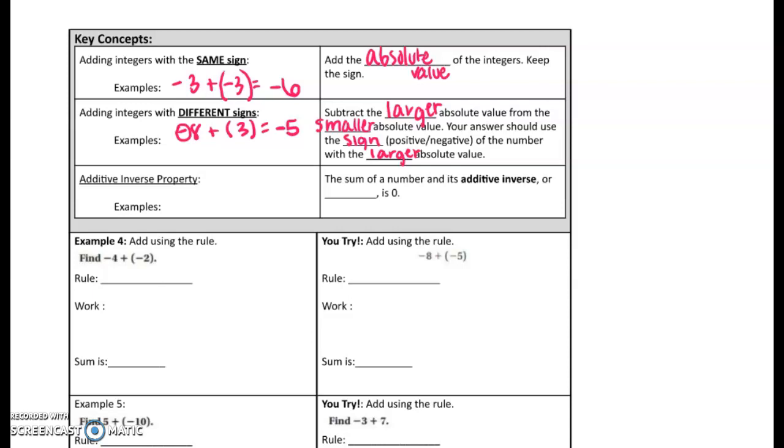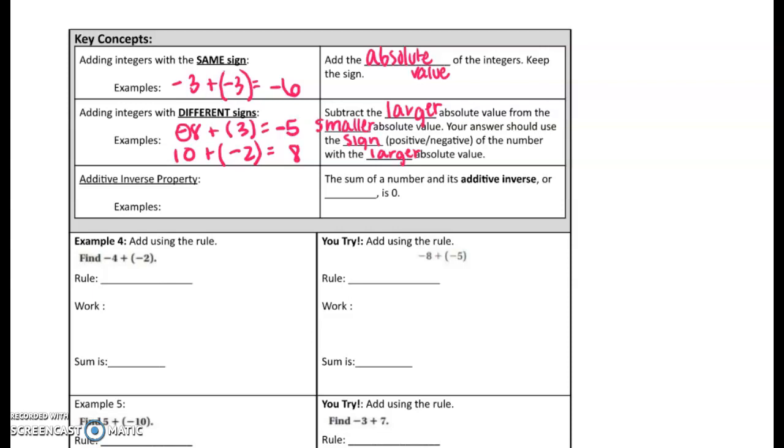Another example would be if we had 10 plus negative 2. Subtract the two numbers because one is positive and one is negative. So 10 minus 2 is 8. And then we keep the sign of our bigger number.